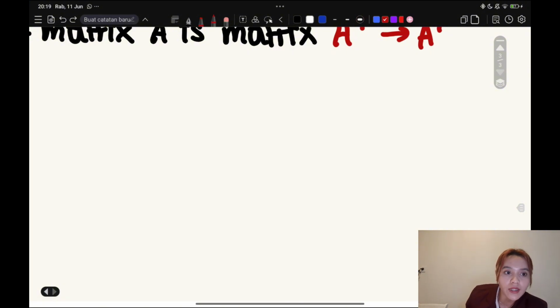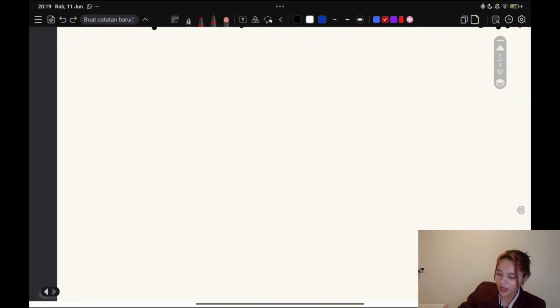Reflect A with its main diagonal to obtain A transpose. Formally, the element i, j of A transpose is the element j, i of A. We can also write this like this.